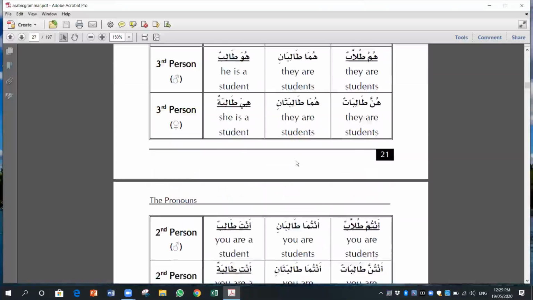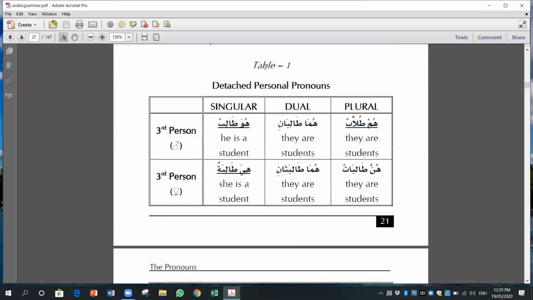Now I'll go back to the label. It was saying detached pronouns. We saw that there was one pronoun and there was one noun also. Talibun is a noun. So we are using these pronouns with a noun, but they are separate.